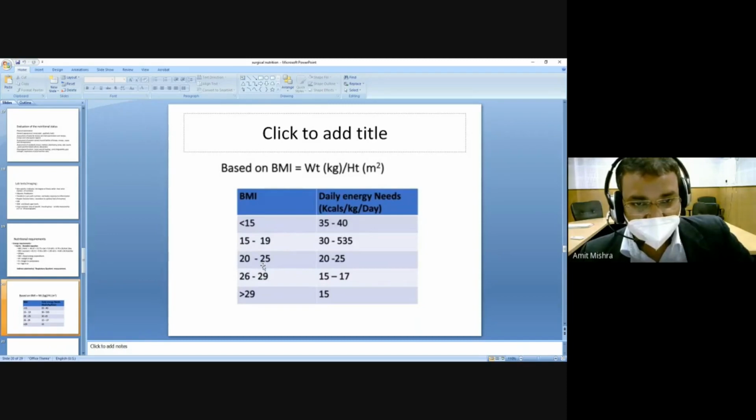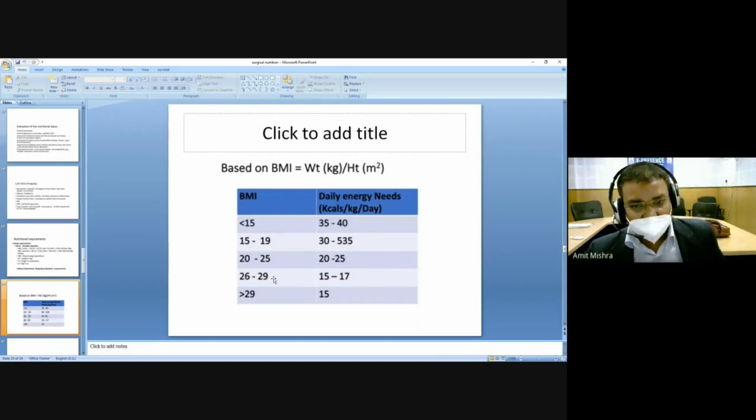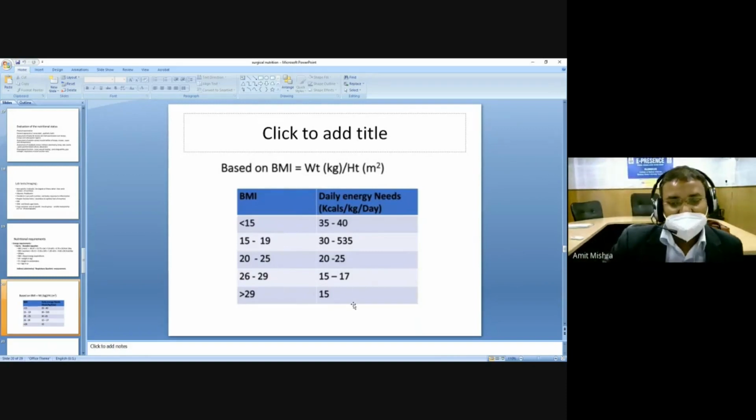If BMI is between 20 to 25, the patient's daily requirement is 20 to 25 kilocalorie per kg per day. If 26 to 29, it is between 15 to 17. Likewise, if the BMI increases, the daily caloric requirement decreases.